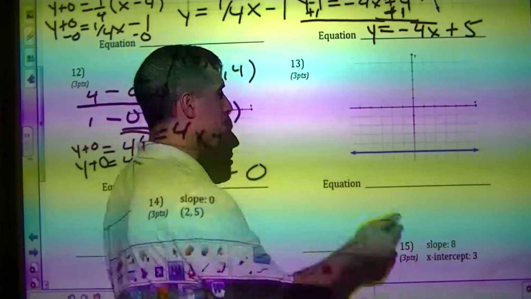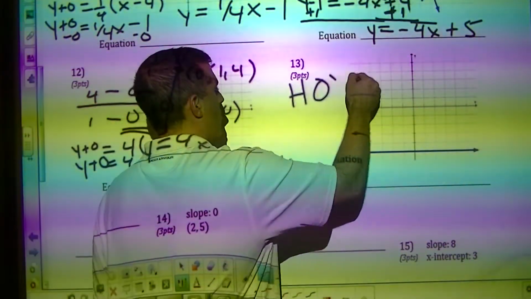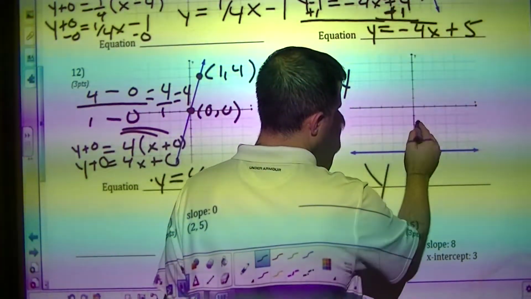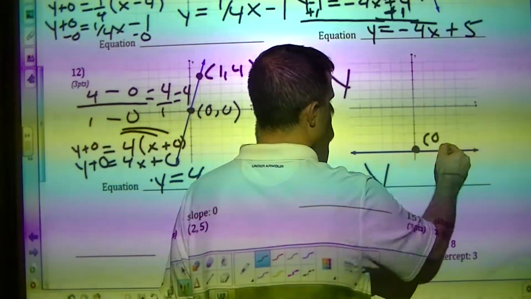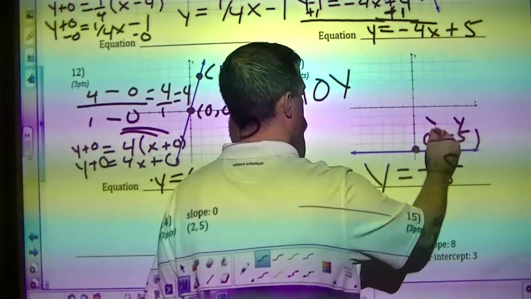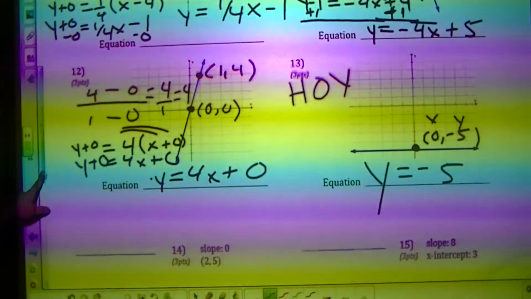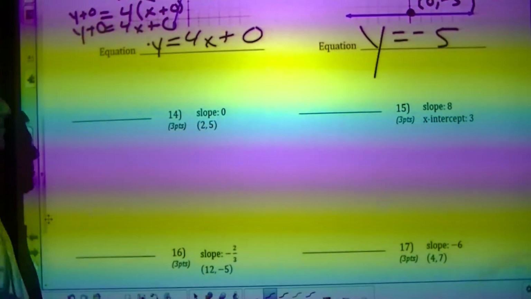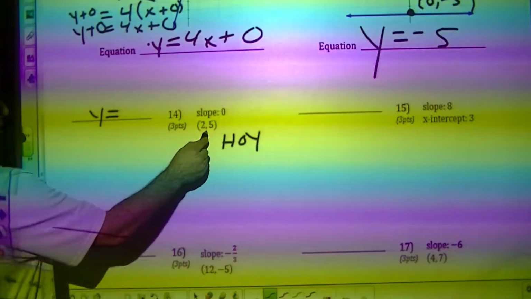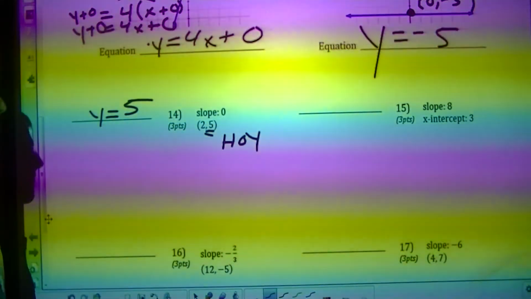This is a horizontal, so that means that's going to be horizontal HOI, y equals, okay? And I'm going to pick that point, 1, 2, 3, 4, 5, that's 0, negative 5, so I am at negative 5 because that's the y coordinate, that's the x, okay? Once again, the slope is 0, so that's a HOI, y equals there, it's going to be 5, okay?